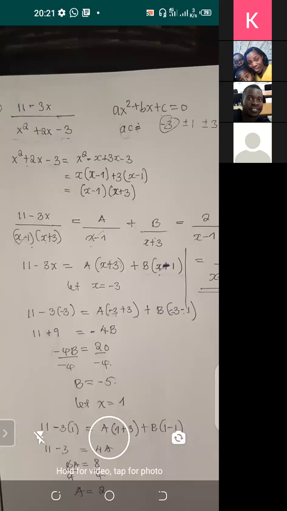Okay, I think we lost that one. So let us look at our second example. So let us try to decompose this one here. The last one, I think.